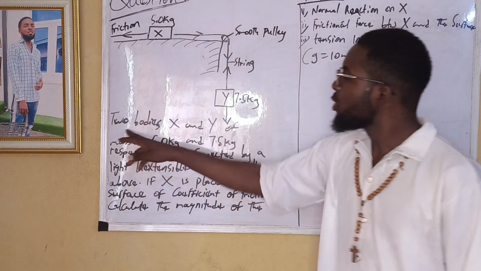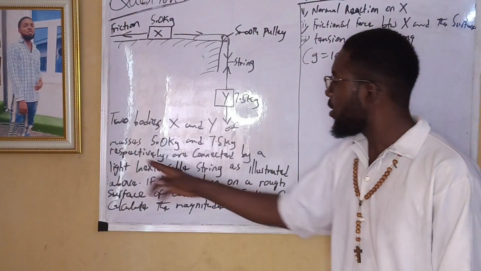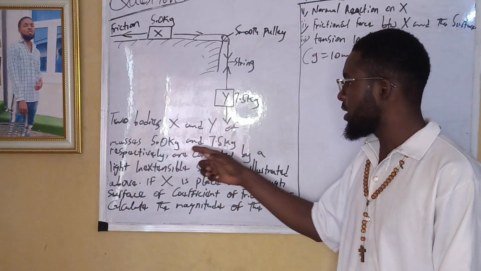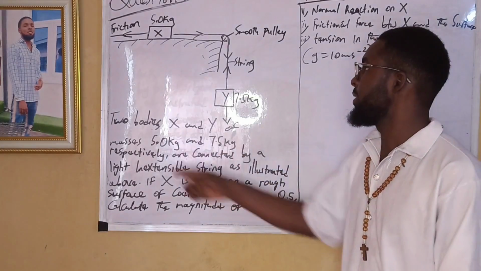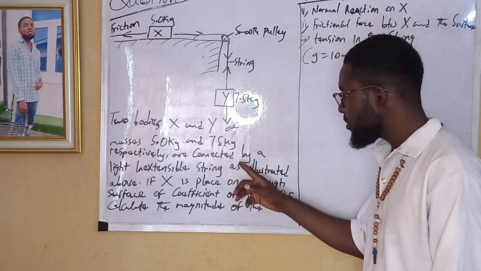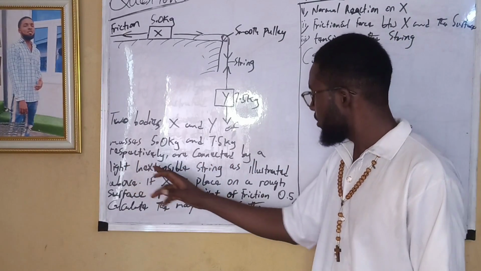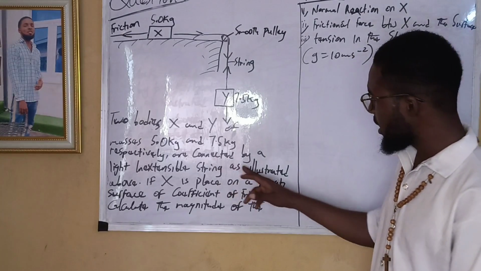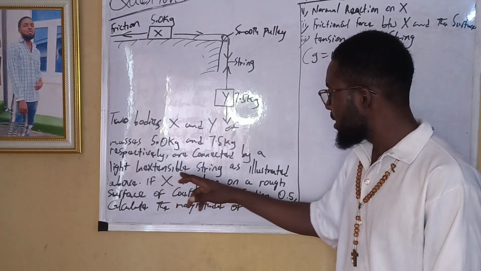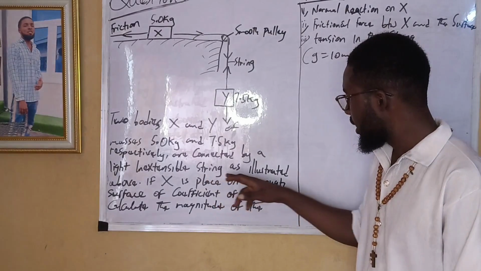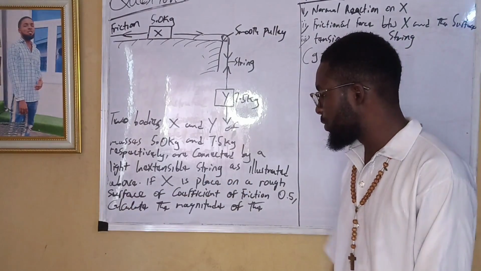All right, two bodies, X and Y, of masses 5.0 kg and 7.5 kg. You can see X and Y, respectively, are connected by a light inextensible spring as illustrated above.